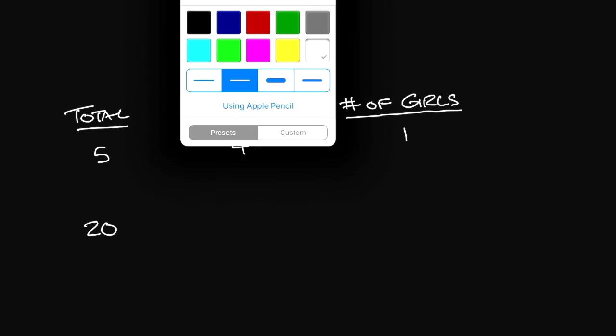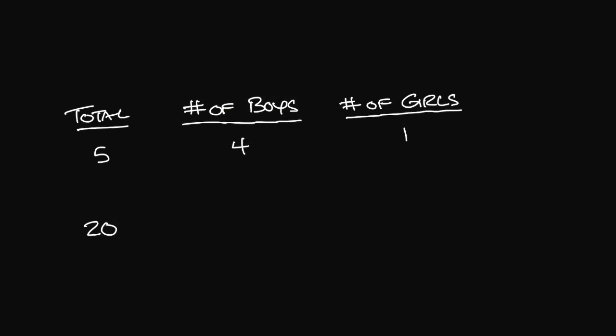So I need to look at when 5 went to 20. Obviously it got bigger, and we want to think about this in terms of multiplication. What happened to 5 for it to get to 20? We don't need to say it added 15.